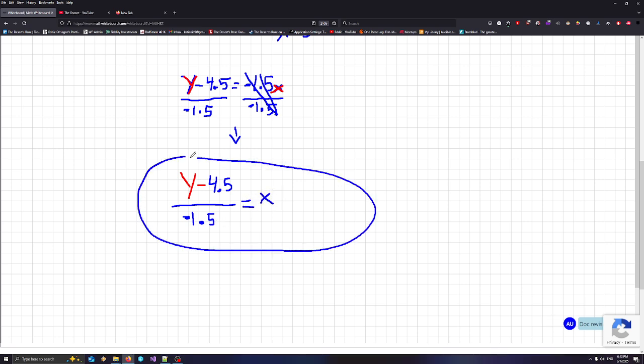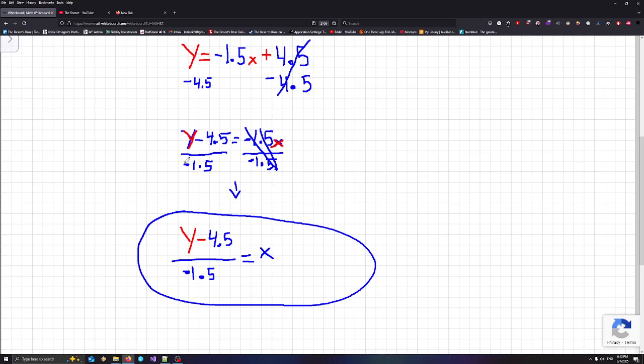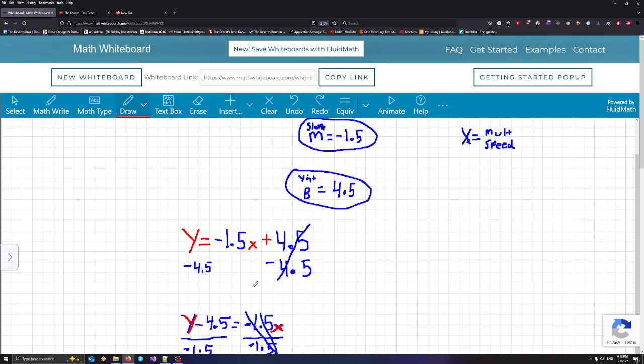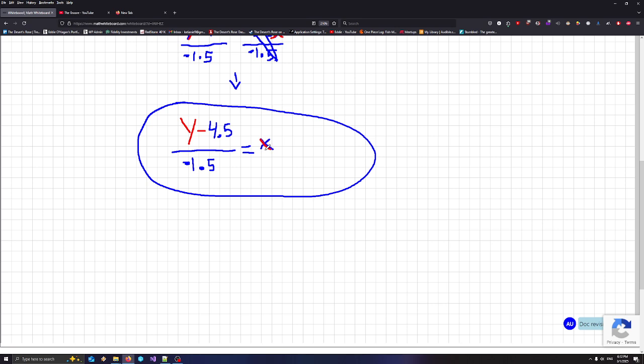So now we have the equation for, well, hold on, x should be red. Keep up with our color theme.